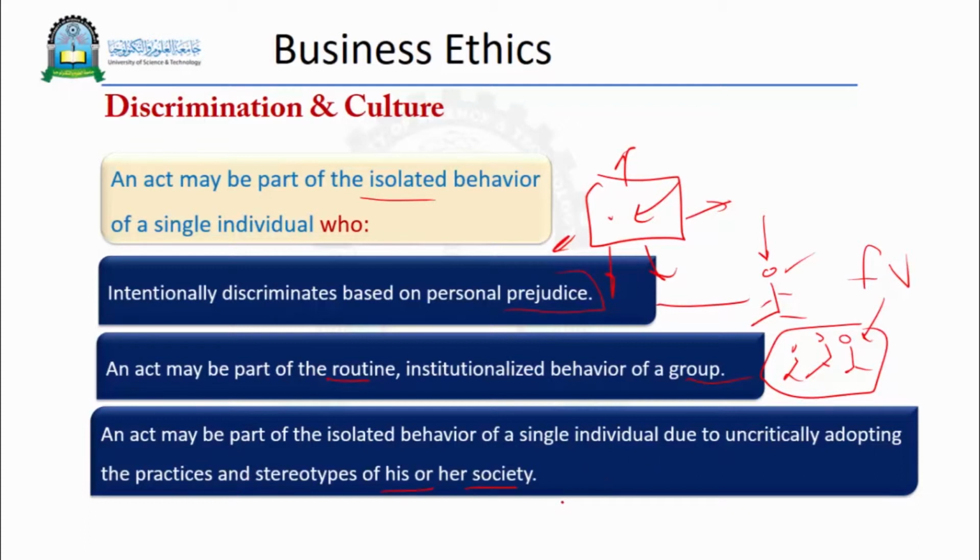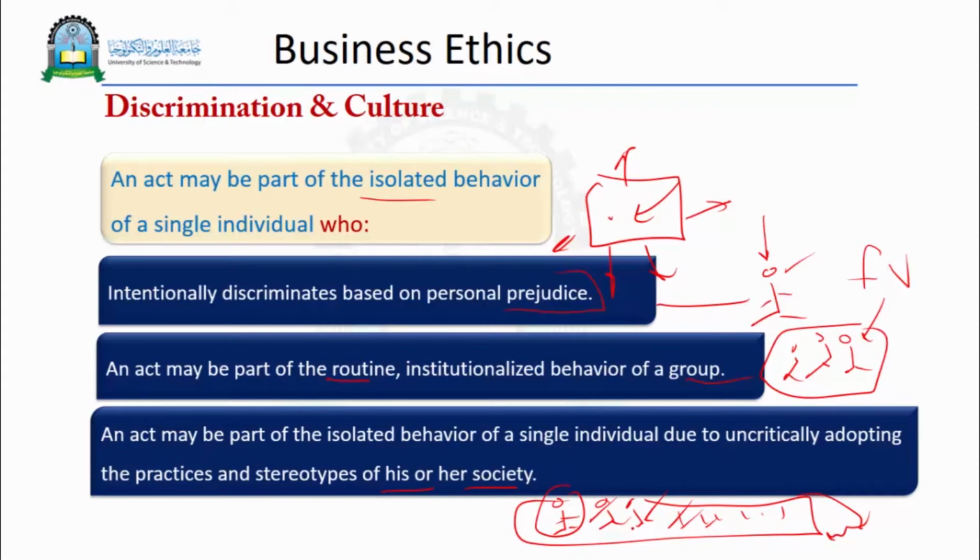Now we're no longer talking about one person or a group, rather we're talking about the whole society. So this individual is actually copying what others are doing in the society, to the extent that such wrong practices are becoming something normal.